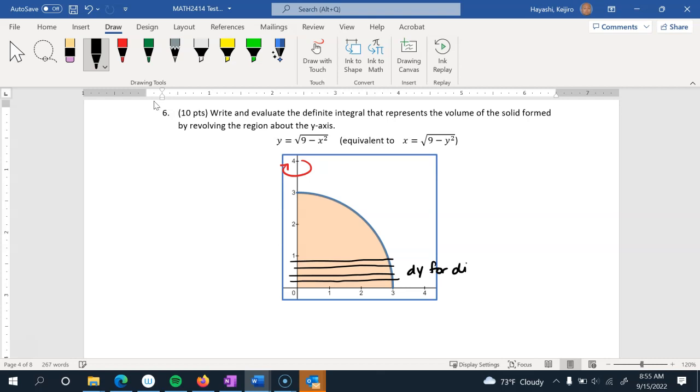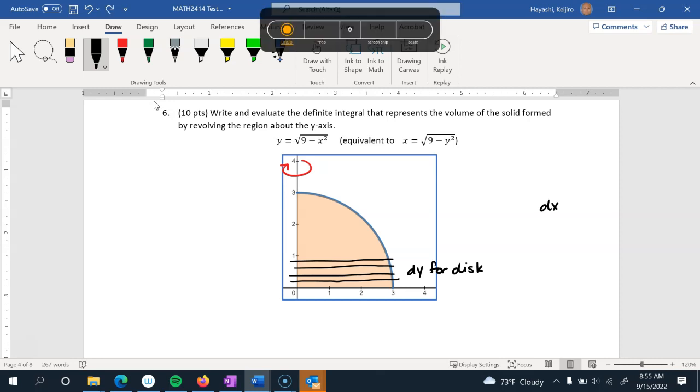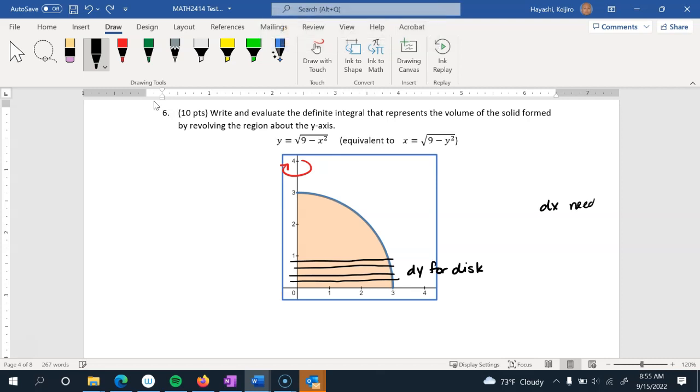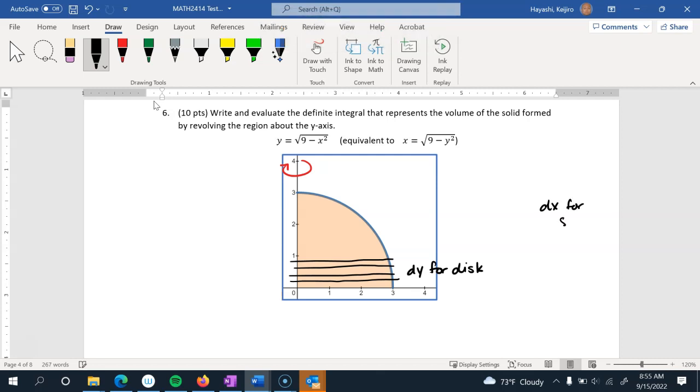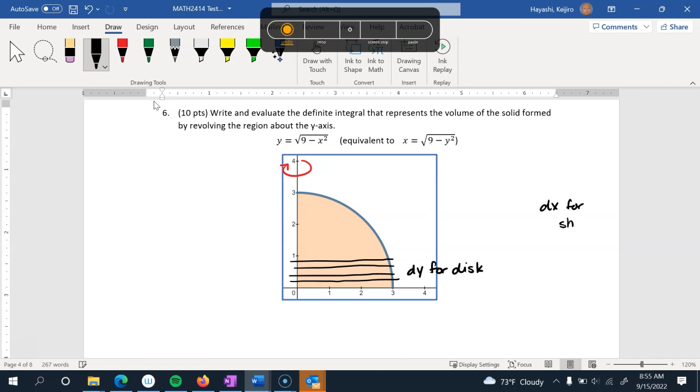It's going to be dy for the disk method. If you wanted to do a dx, you have to use a shell method, and that integration is a little harder.